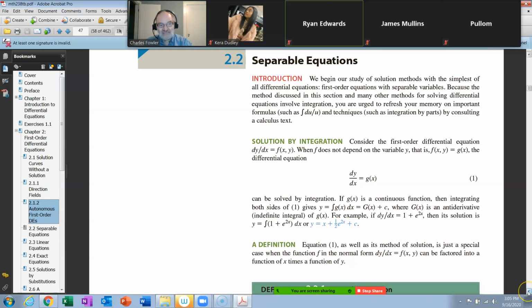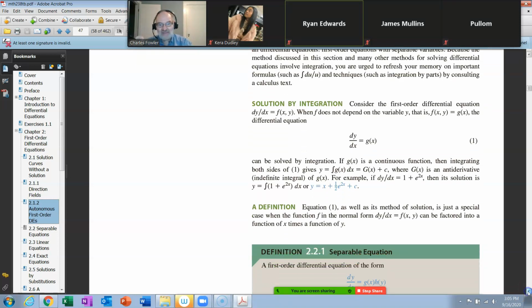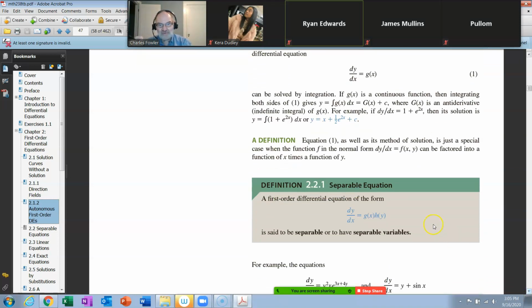If that f can be factored, strictly x's and strictly y's, that's what this definition is going to be addressing. A first order differential equation of this form, dy/dx is equal to some function of x times a function of y. Not some combination, but some factor.